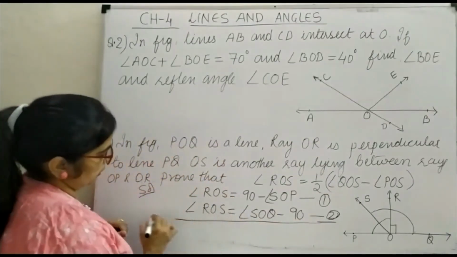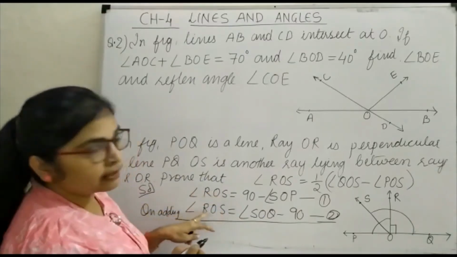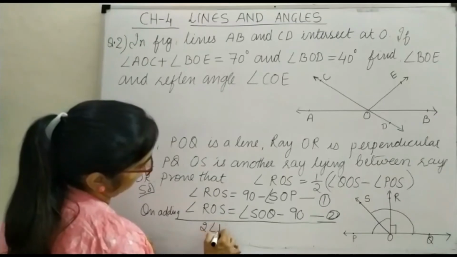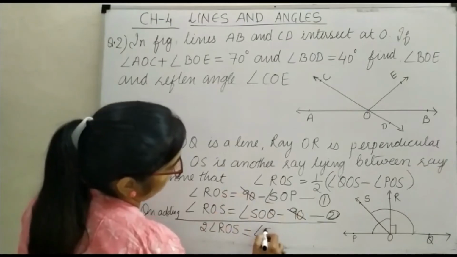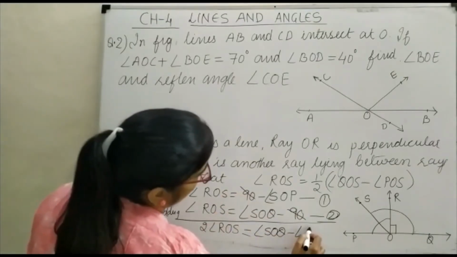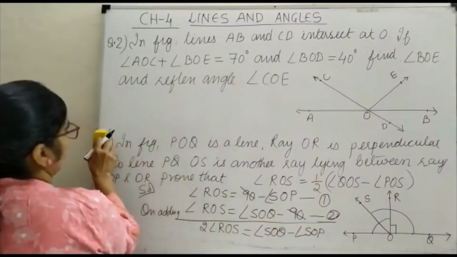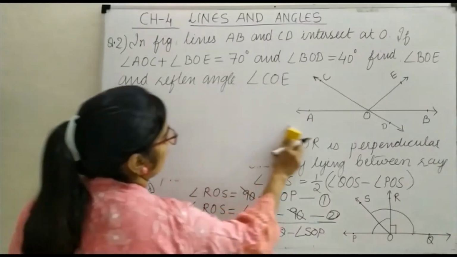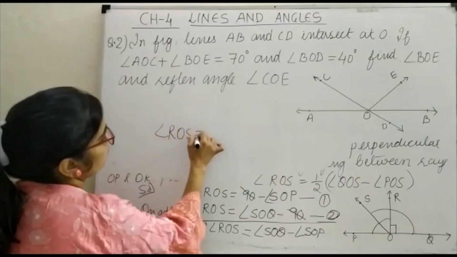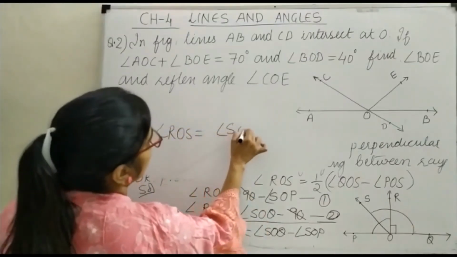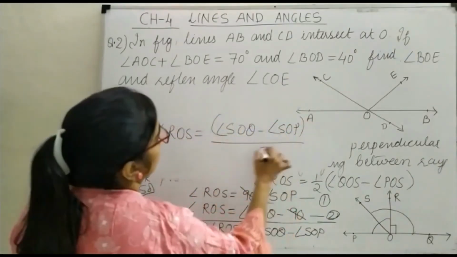जब आप इनको ऐड करेंगे, on adding angle ROS plus angle ROS, ये हो जाएगा twice angle ROS is equal to, ये कैंसिल हो जाएगा and you are here with SOQ minus angle SOP. Right, and from here you will get directly the result. देखिए यहां से आपका रिजल्ट आ जाएगा, angle ROS is equal to angle SOQ minus angle SOP, इसको ब्रैकेट में रख लीजिए, divided by 2.